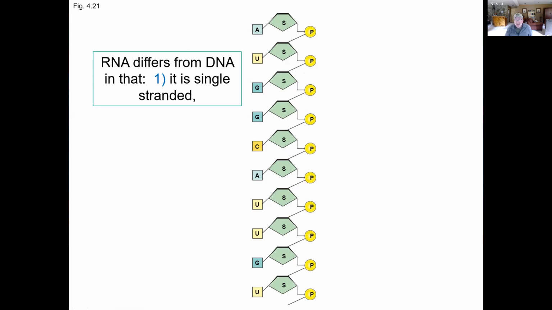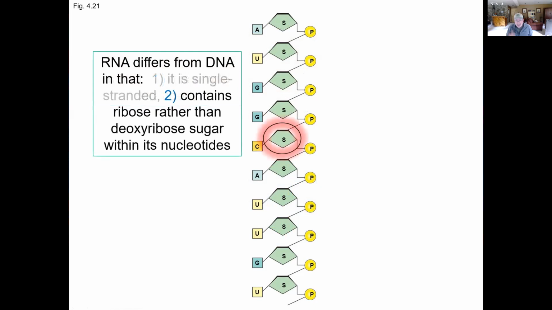And the reason that I know this is an RNA polynucleotide would be if I examined the sugar closely and looked at the number of oxygens and hydrogens coming off of these carbons shown at the corners of the pentose sugar, I would be able to tell that coming off carbon number 2, I'd have an oxygen. So that would tell me it's a ribose sugar and I have an RNA molecule. We can't see that here, but if we looked into the chemistry, we could deduce that.